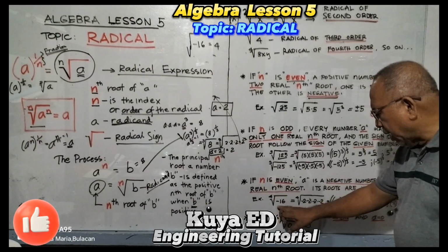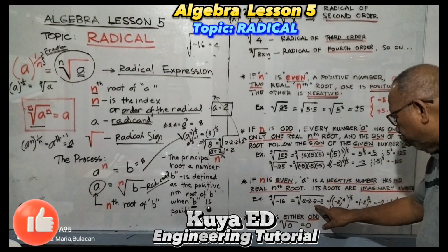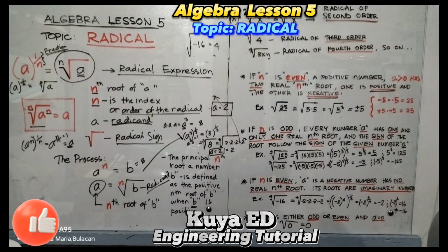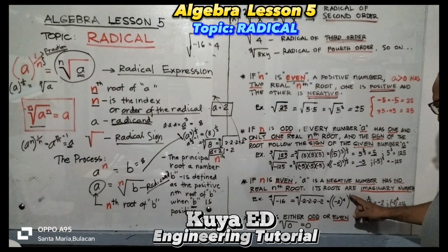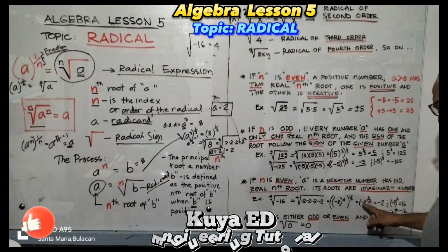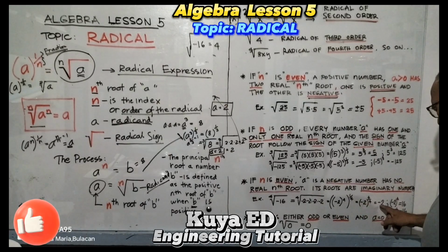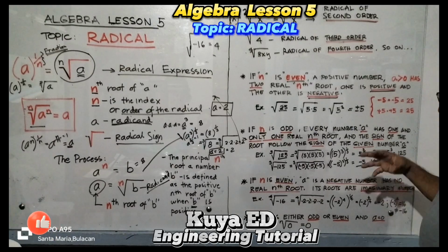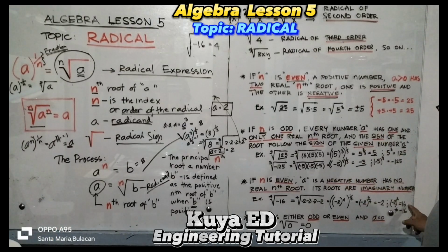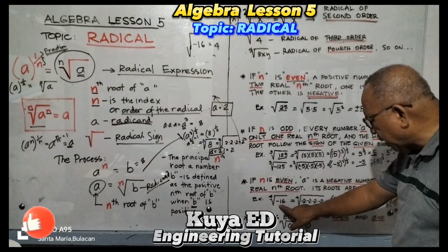Dito naman, negative 16 to the 1/4, negative 2, so it will give us a negative 2. No? Pero kung i-apply mo ngayon sa the fourth, multiply mo 4 times, magiging positive. Kaya hindi siya babalik sa negative.